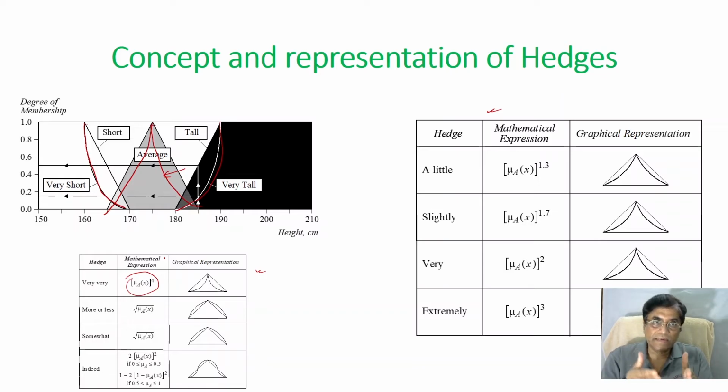So hedges try to more concretely represent the imprecision of the fuzzy variables, right? And that is useful, as I gave you the example.